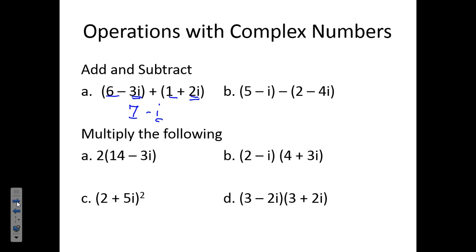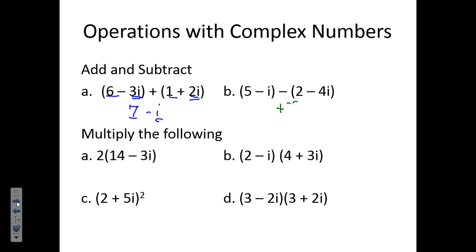The complex number 5 minus i minus the complex number 2 minus 4i means we have to do what? Subtract. And I would likely distribute my negative through, right?